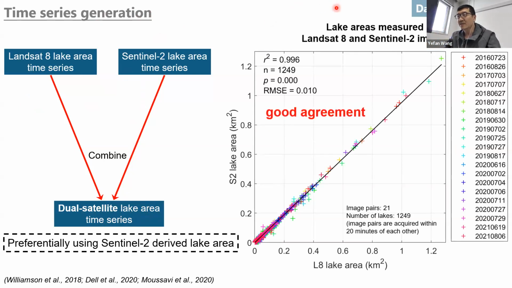With this question, I calculated the lake areas measured by the two data sets, to see if the same lake has the same area measured by both. It showed good agreement. So I will fuse these two data sets together, preferentially using the Sentinel-2 derived lake area, because it has a higher resolution in the raw data.